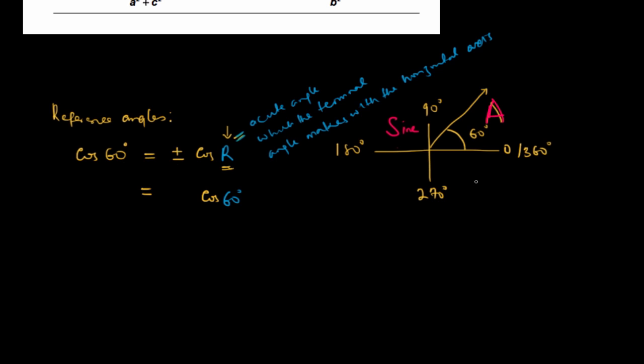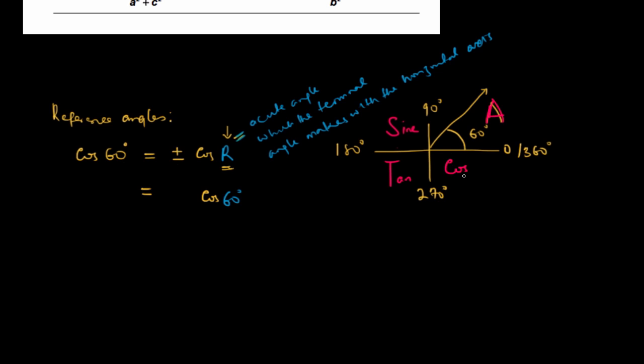Angles between 180 and 270 degrees are the region of tangent, while angles between 270 and 360 are the region of cosine, where cosine is positive while the other functions are negative.